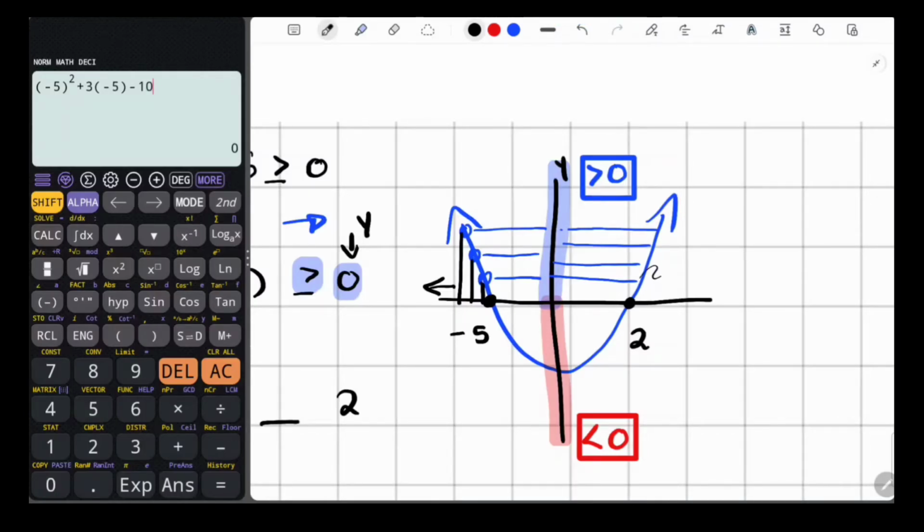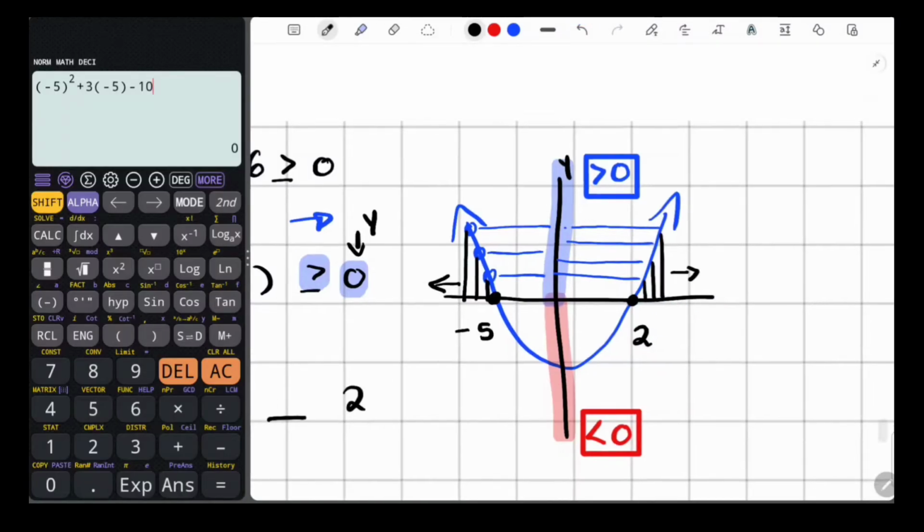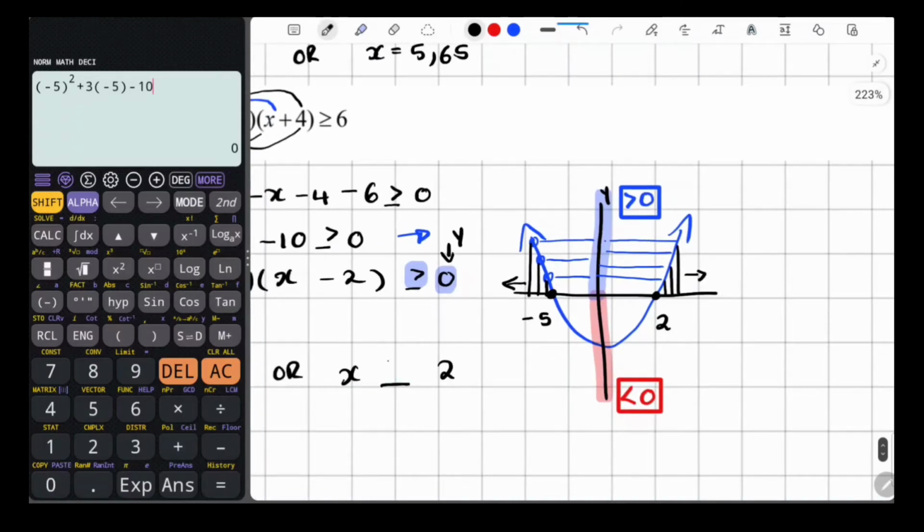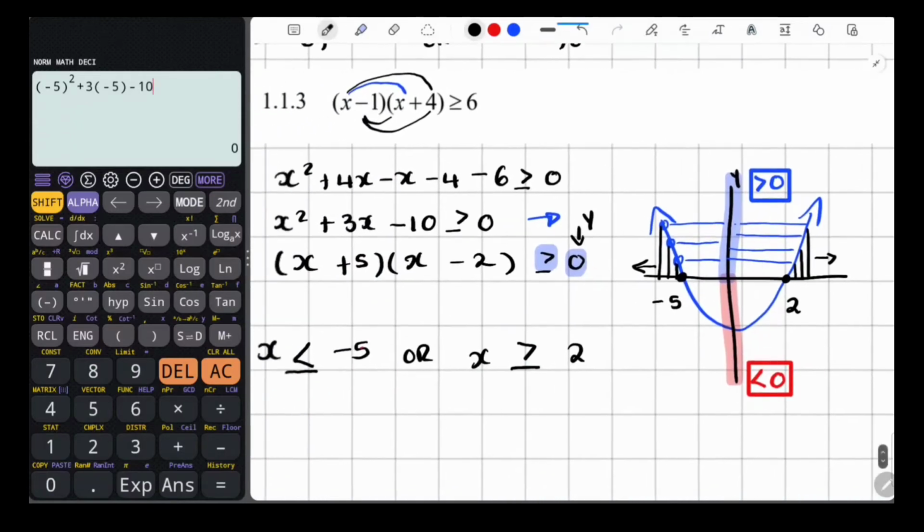So if I have this point over here with a y value greater than 0, what is the x value compared to 2? Again here, what is this x value compared to 2? And you can see now that these values are going this way. These are values that are greater than 2. So we can go ahead and answer them. x is greater than 2.